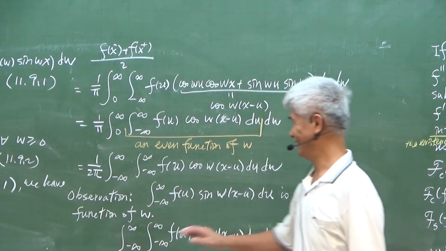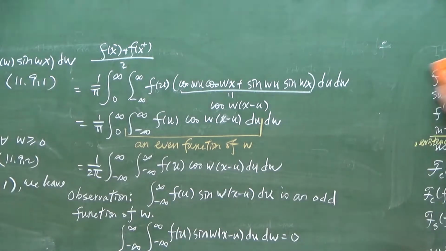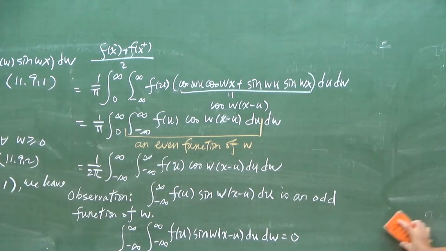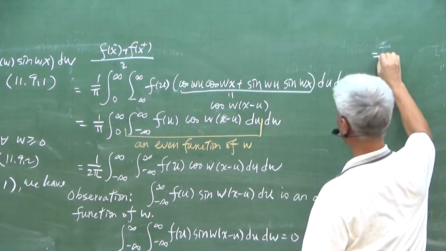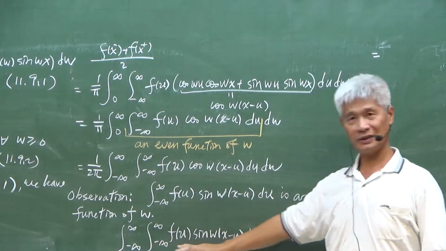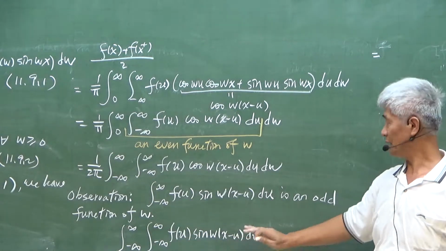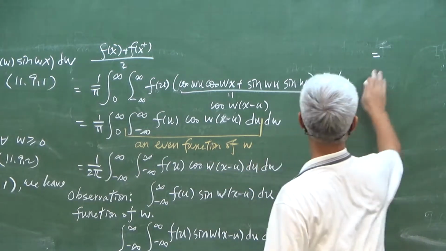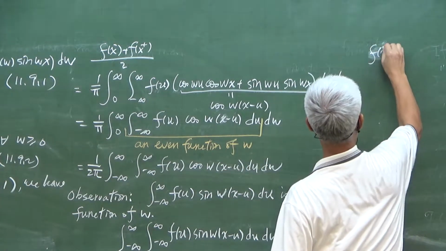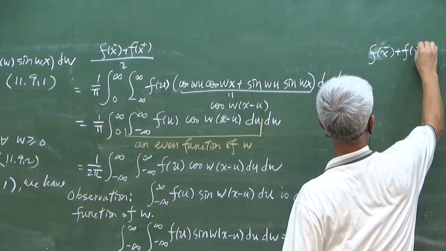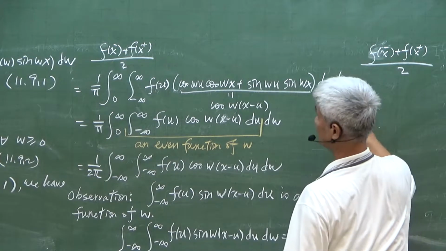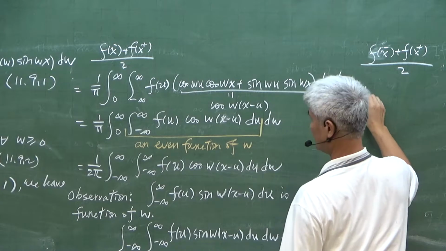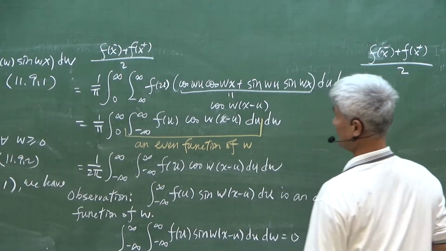Okay. Now, all right, so now we just add, because this double integral is 0, right? So we add this to here. So now, the same thing, the average. Okay? Pi here.